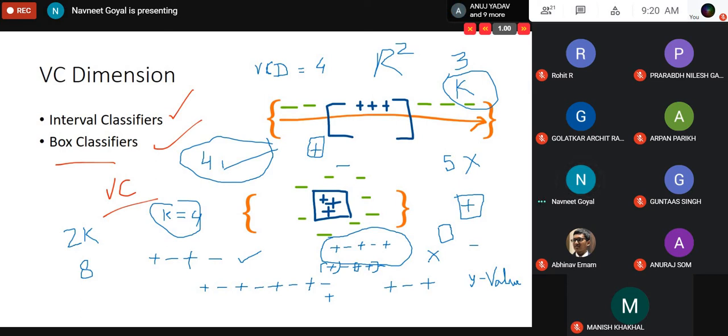Now again, if I give you the union of 2 boxes, I'm trying to generalize this concept to unions of classifiers, then I'll be able to shatter these 3 points.